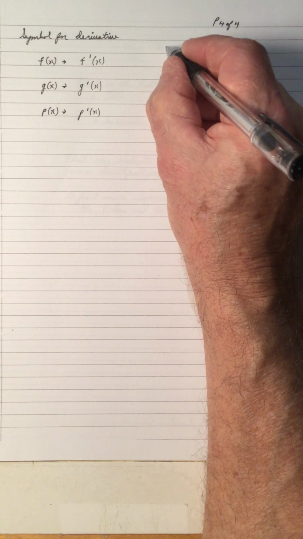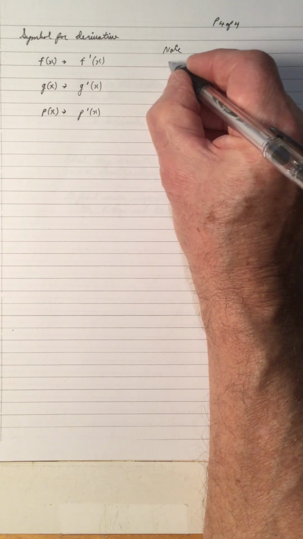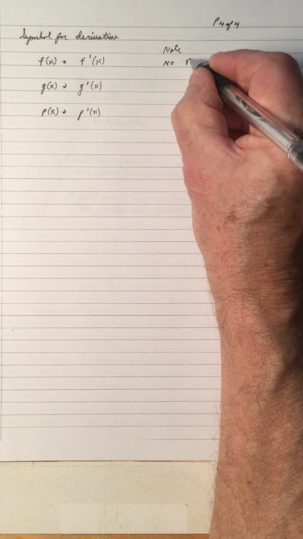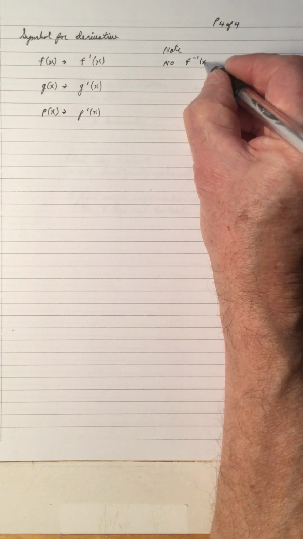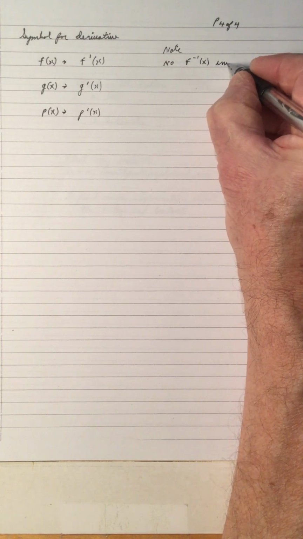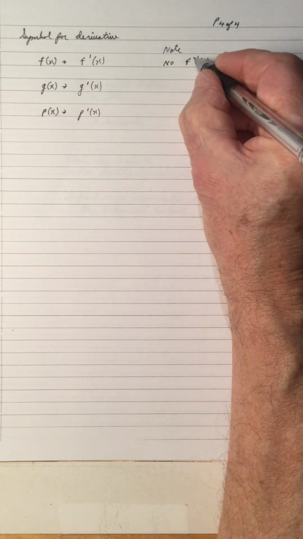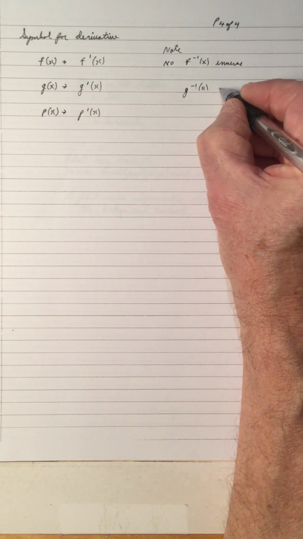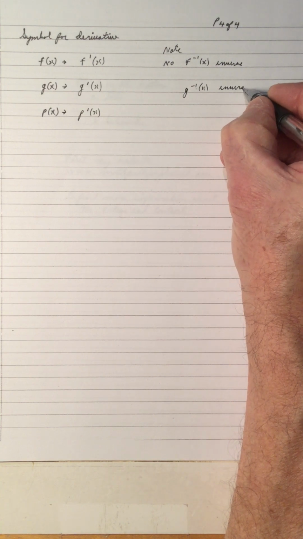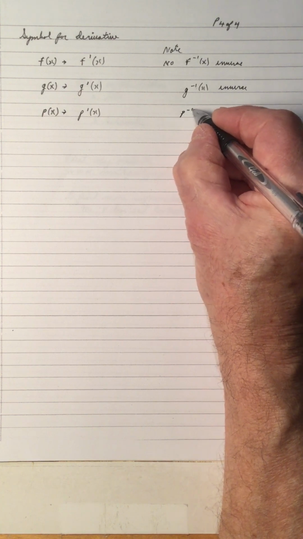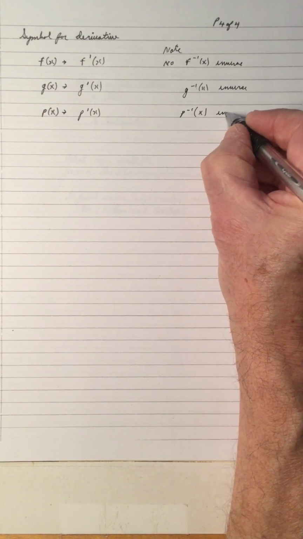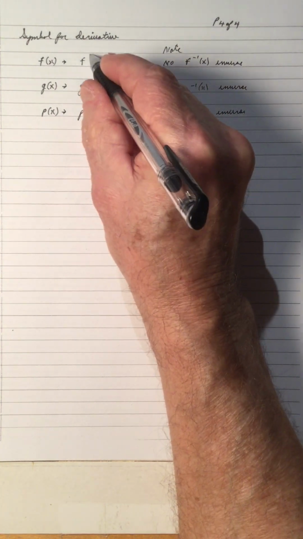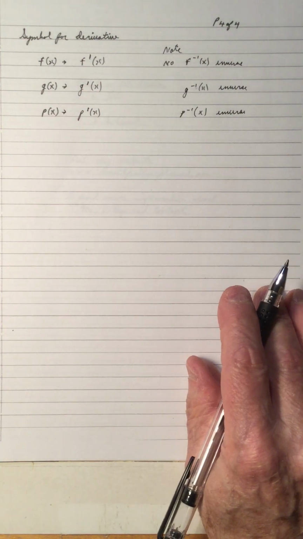Note, it's not f to the negative 1 of x, because that's an inverse. So a negative 1 is an inverse. g to the negative 1 is an inverse. And p to the negative 1 is an inverse. So it's p prime, g prime, f prime for the derivative.